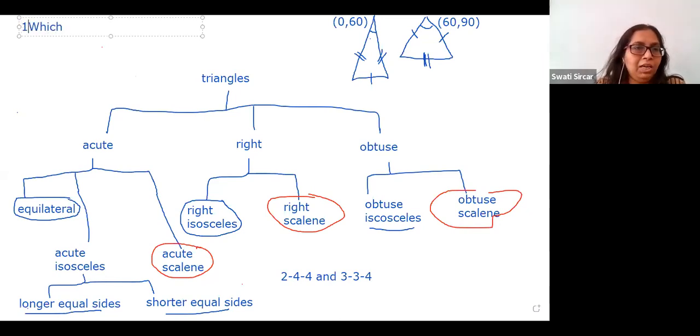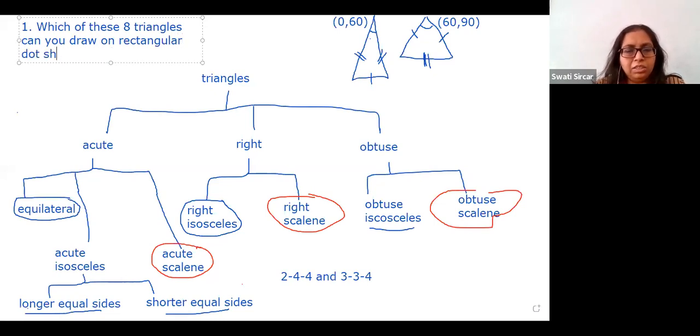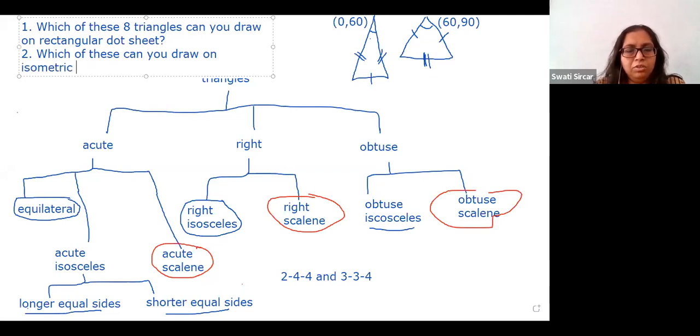Question 1: which of these 8 triangles can you draw on a rectangular dot sheet? And similarly, question 2: which of these can you draw on an isometric dot sheet?